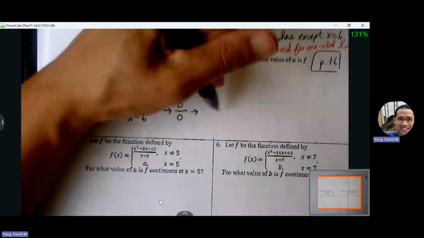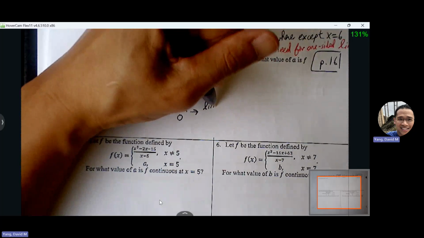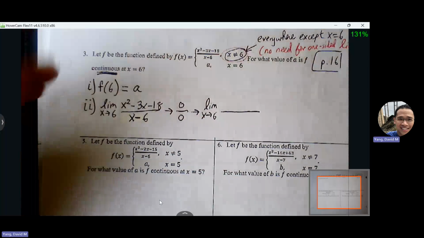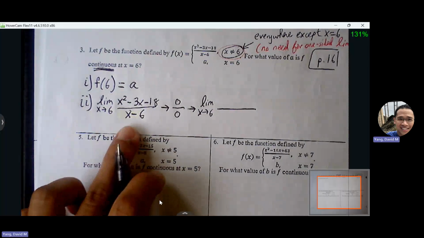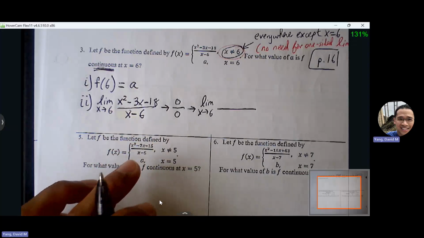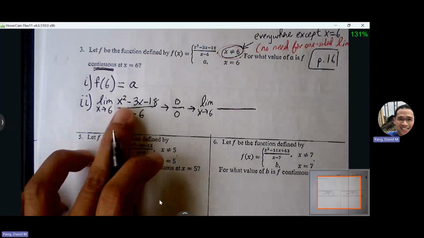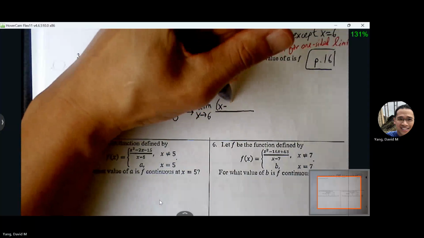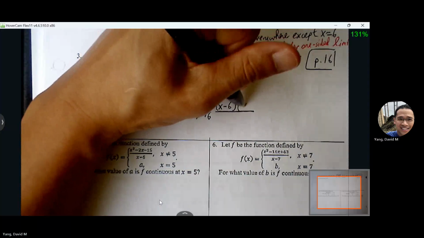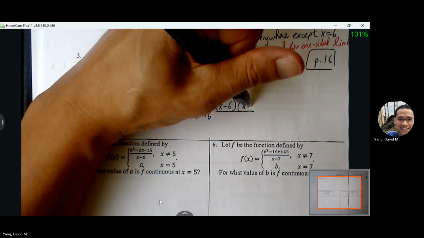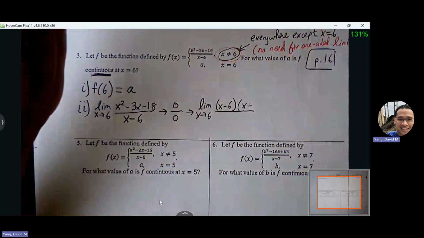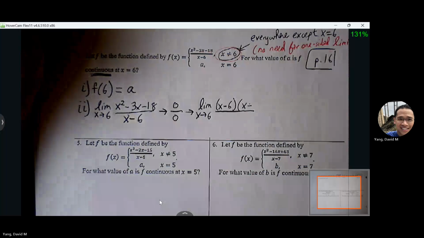Okay, and we know that because there's a hole, there's something that is blocking access to us seeing that limit. So we're going to have to find that factor that's causing it and remove it. So let's factor the numerator. x minus 3 is minus 18, 6.